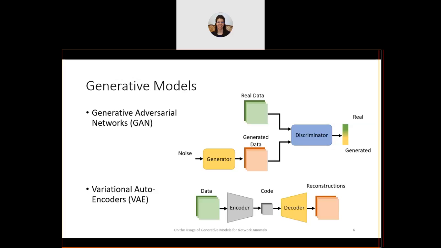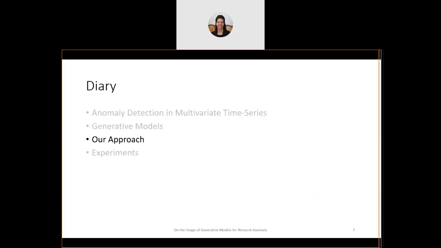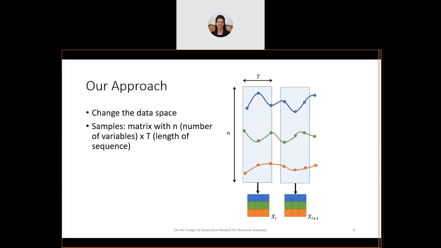Then, next I'm going to show you how we use the generative model approach for detection in multivariate time series. First, we need to change the data space.